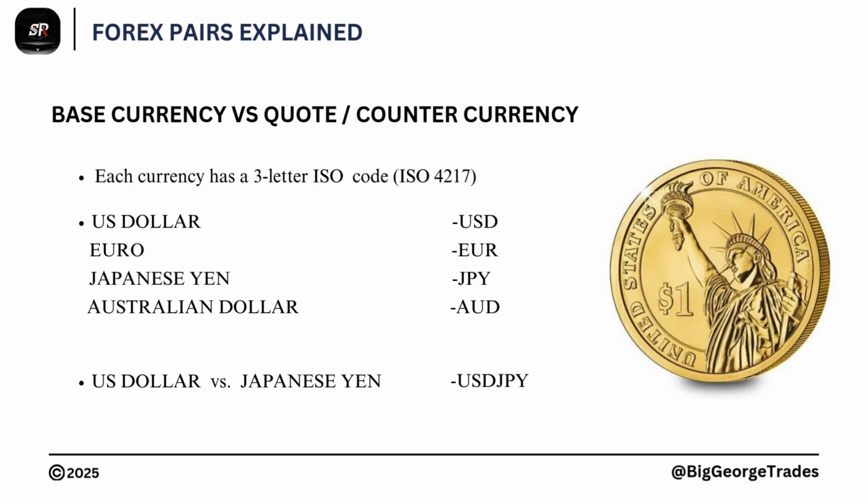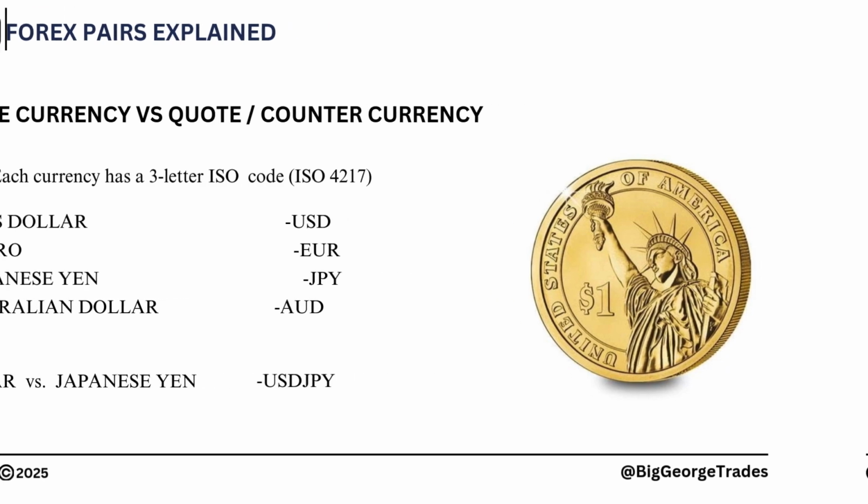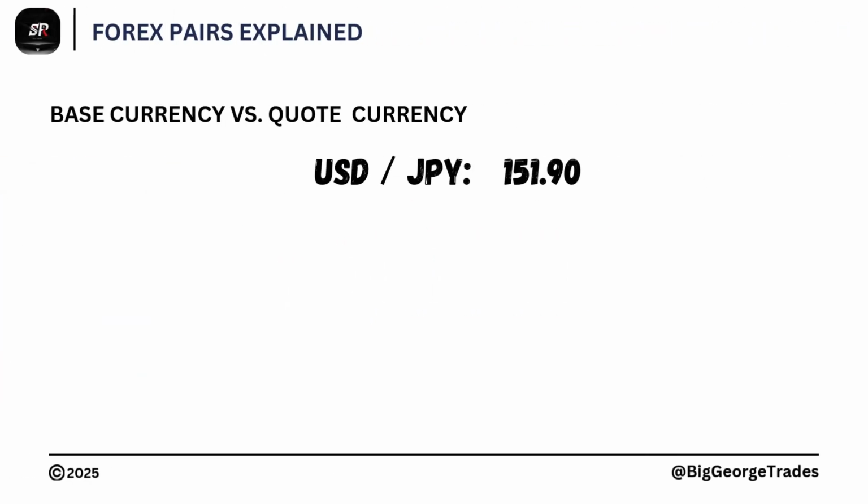So in the forex market, you hear something like USD JPY. That is the US dollar versus the Japanese yen. That is the terminology used in pronouncing currency pairs. So I basically talk about the base currency versus the counter or the quote currency.